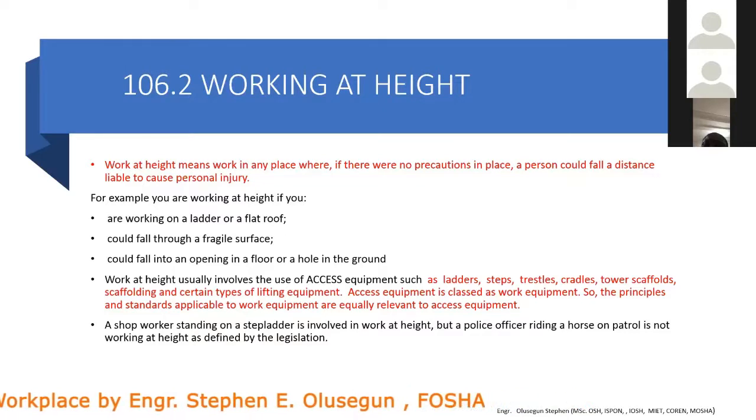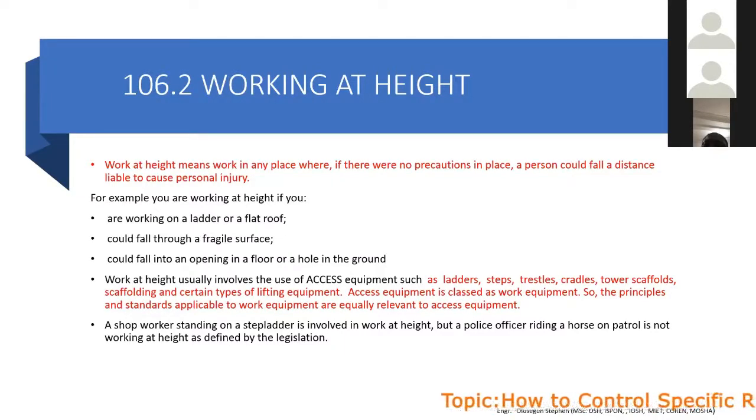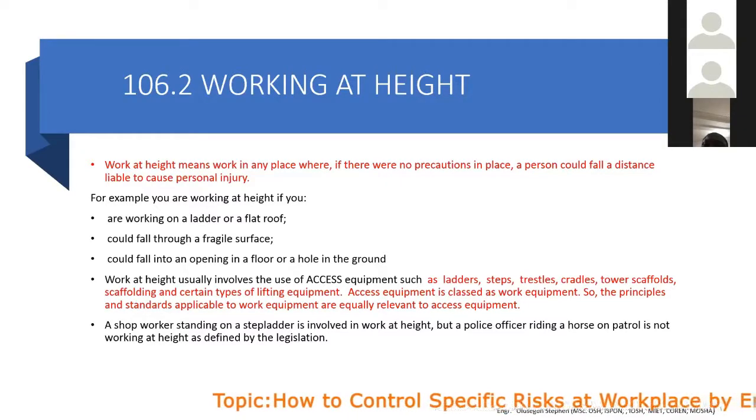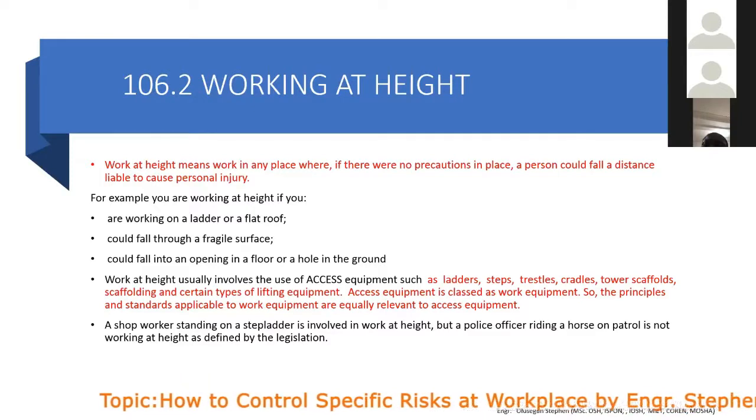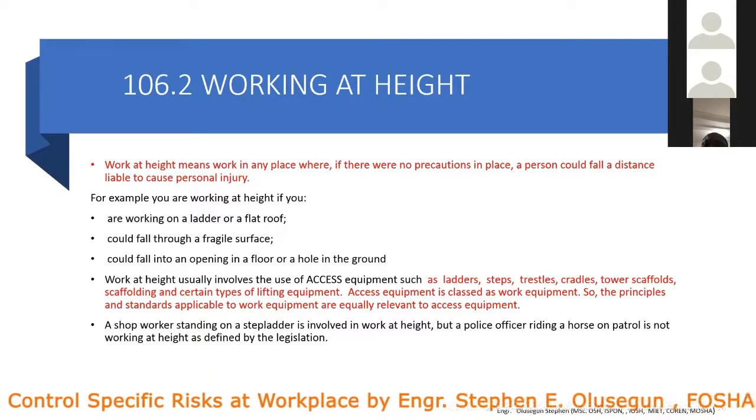Walk at height usually involves the use of access equipment. You will see many times you want to walk at height, whether you have a ladder, you have a step ladder, you have a trestle, you have cradles, you have tower scaffold, you have different kinds of equipment, lifting equipment, even to access that particular place. So most of the time, you will need some access equipment to go to such a place when you are going to walk at height.